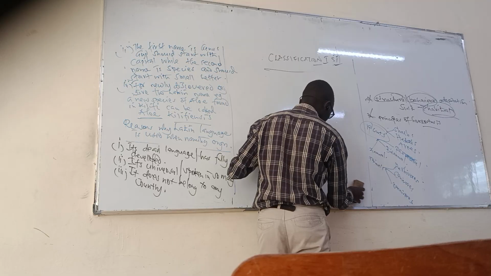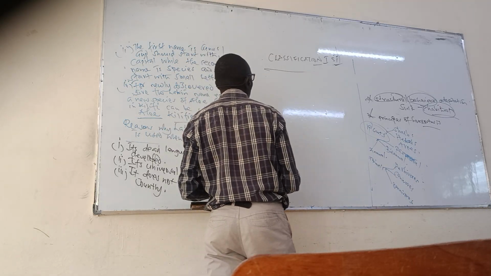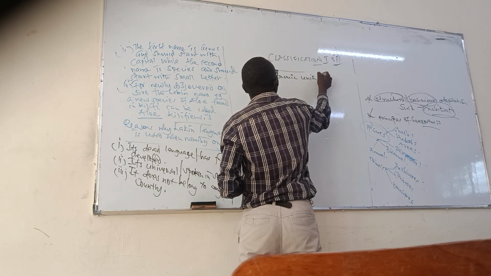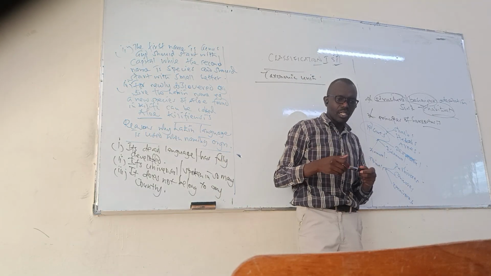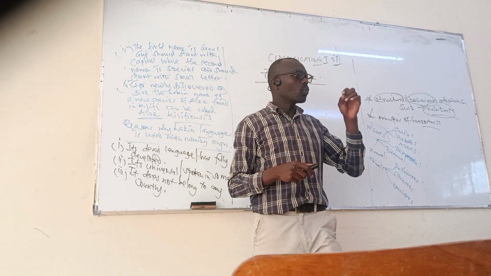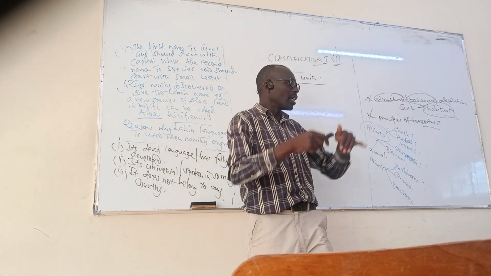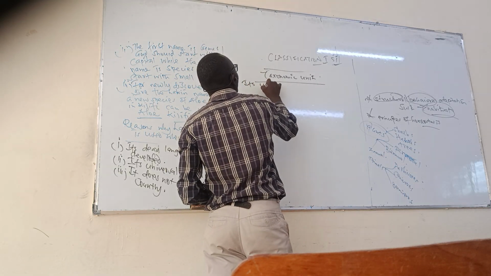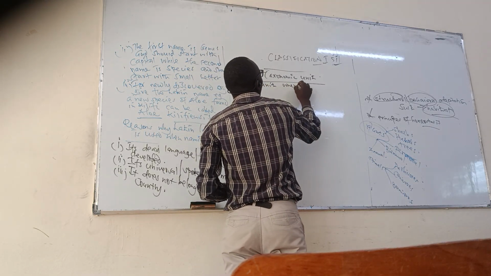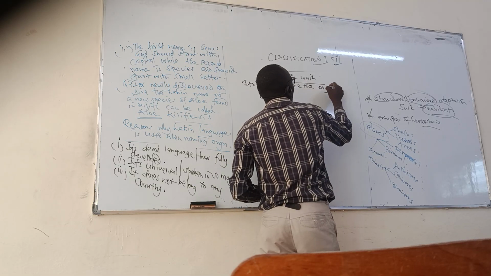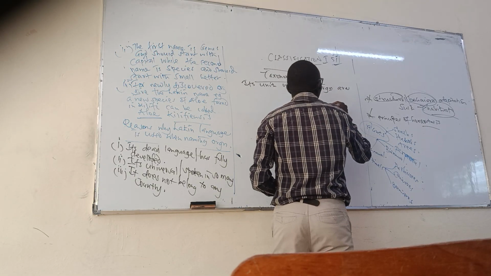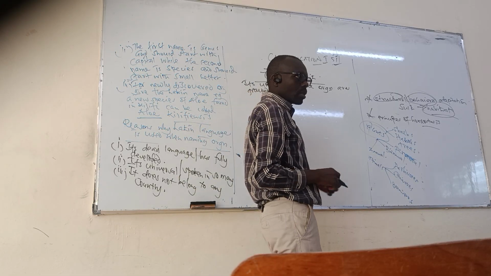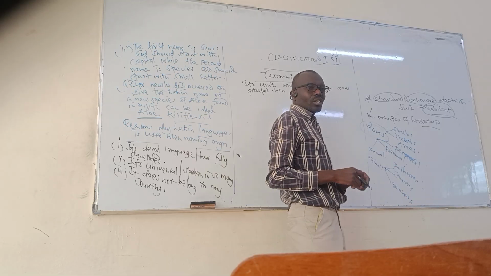What is a taxonomic unit? We have what you call a taxonomic unit. This is the unit in which organisms are grouped, from the largest to the smallest.